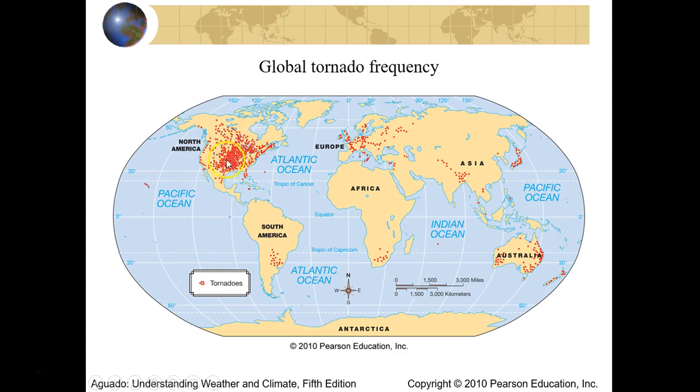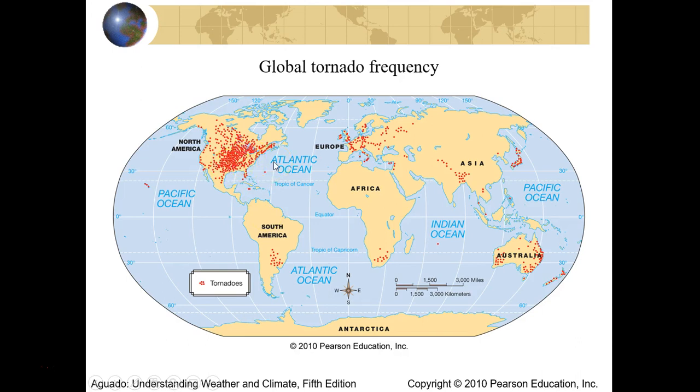You could literally see Tornado Alley here in the Midwest, and there are tornadoes occurring all over the world, but in terms of frequency, there's something special that has to come together to produce tornadoes, and many of the ingredients that build tornadoes, most of the other continents can't put all together.